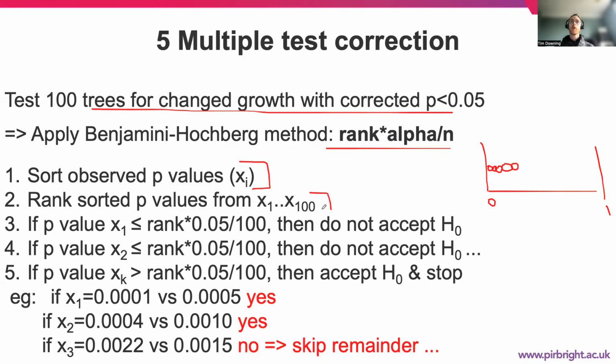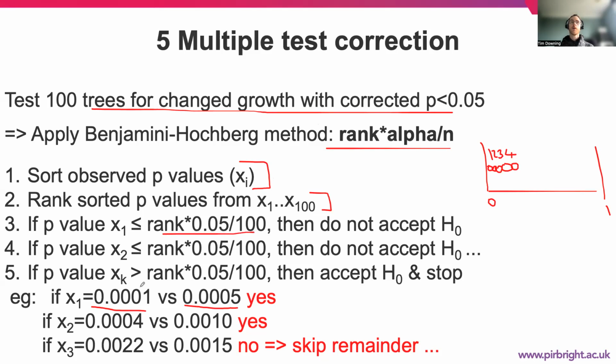We rank them. So we have ranks 1, 2, 3, 4, and so on. And then we compare each one individually. So we take the first one. So this is our observed p-value 0.0001. And the theoretical expected value we get is 0.0005. And that comes from this formula here, given these conditions.